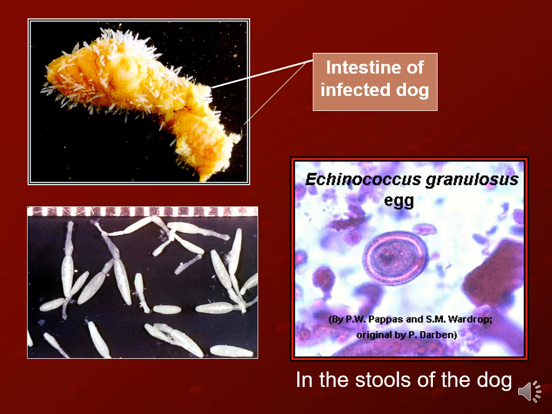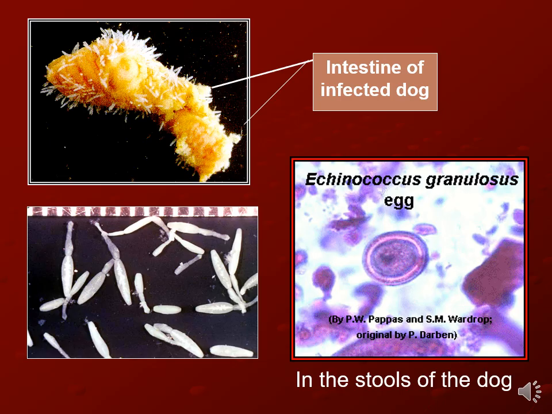You can see here a section of an autopsied dog. This is part of the intestine, and you can see a lot of whitish structures which are actually the Echinococcus granulosus adult worms. So you see, dogs can be heavily infected.